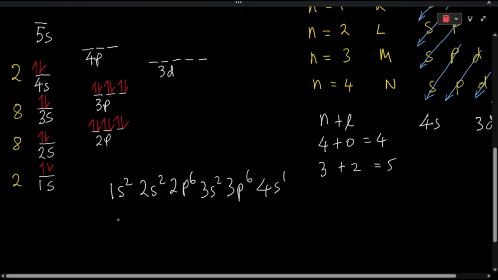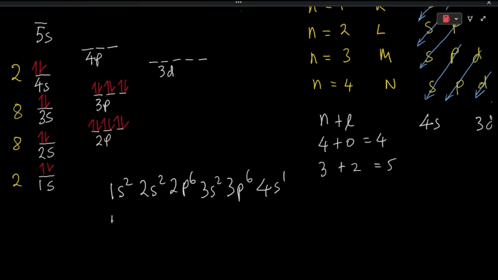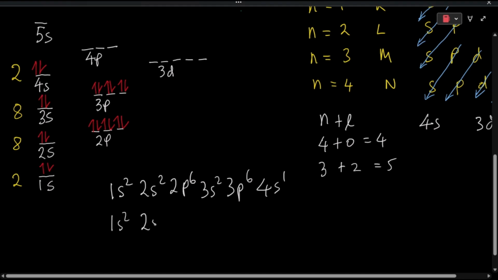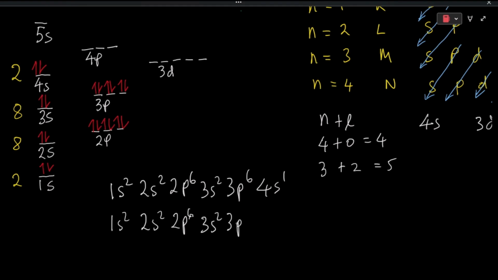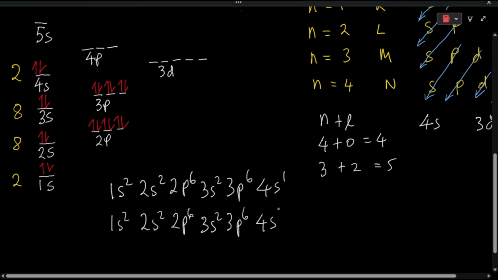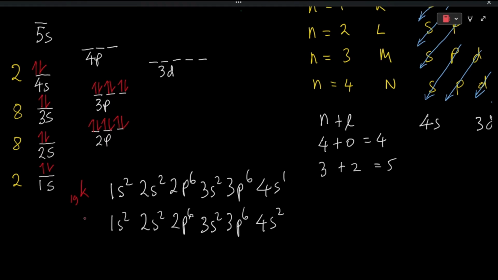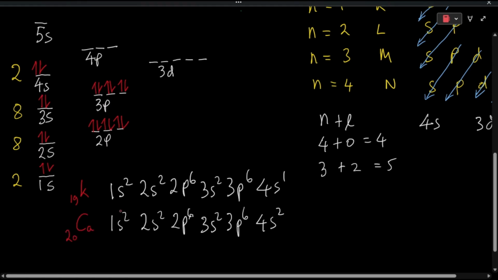So calcium, which is the 20th element, would have the electron configuration of 1s2, 2s2, 2p6, 3s2, 3p6, and 4s2. So that is the electron configuration of potassium, which is the 19th element, and calcium, which is the 20th element on the periodic table.